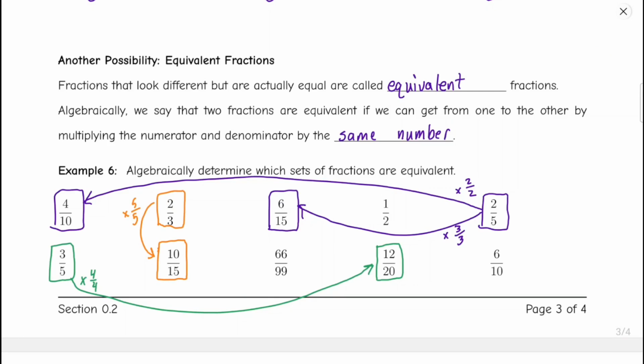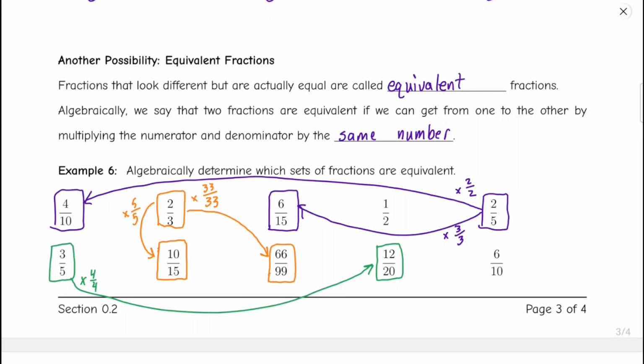66/99. Well, that is the same as the 2/3. Because you can multiply by 33/33. So again, because 66/99 is equivalent to 2/3 and 10/15 is equivalent to 2/3, 10/15 is equivalent to 66/99.